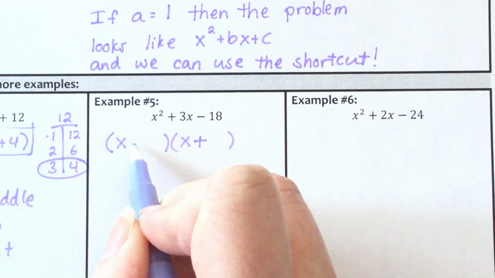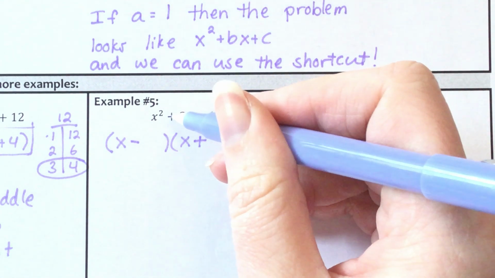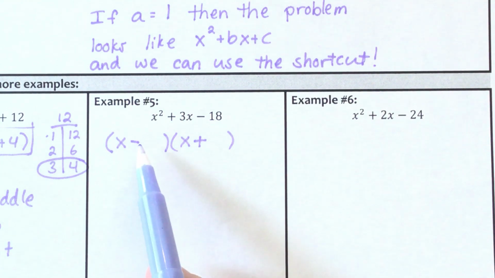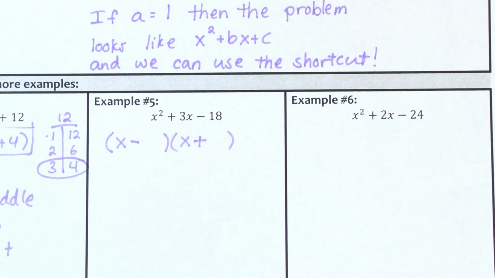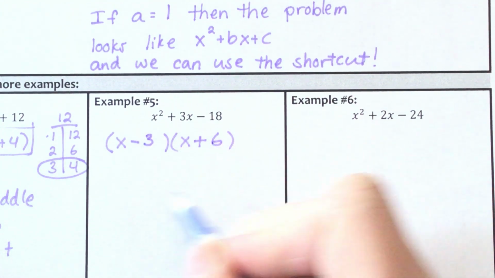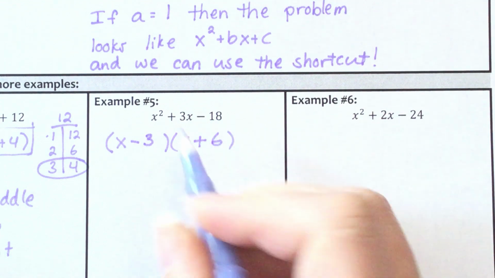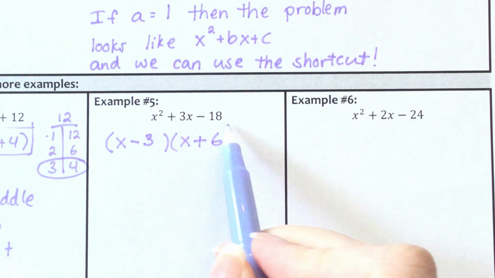So since we have 1 positive, we need 1 negative. So different signs, that's the big one. What 2 numbers add up to 3 and multiply to get negative 18? Looks like negative 3 and 6. Negative 3 times 6 is negative 18. Negative 3 plus 6 is 3. So those are our factors.